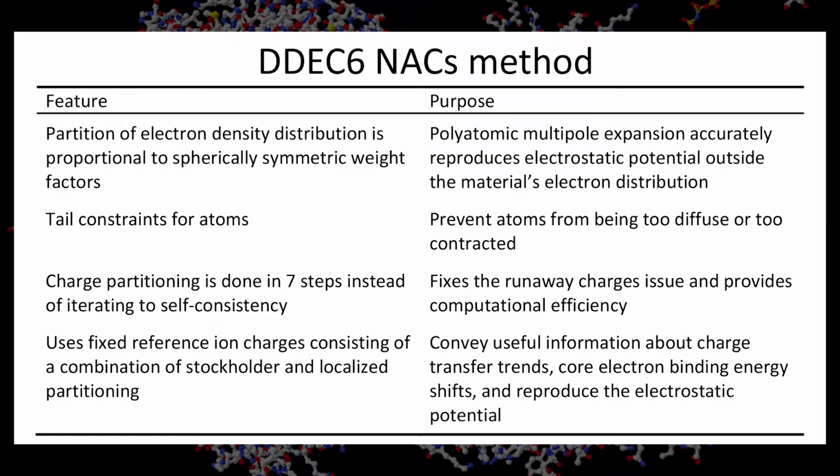Lastly, it used fixed reference ion charges consisting of a combination of Stockholder and localized partitioning for the results to convey useful information about charge transfer trends, core electron binding energy shifts, and reproduce electrostatic potential.